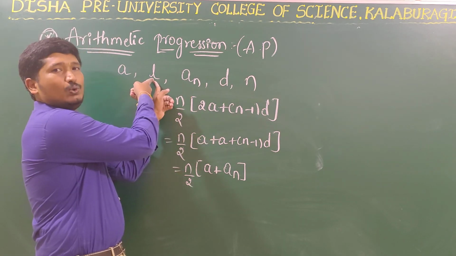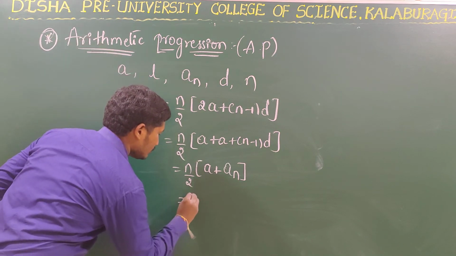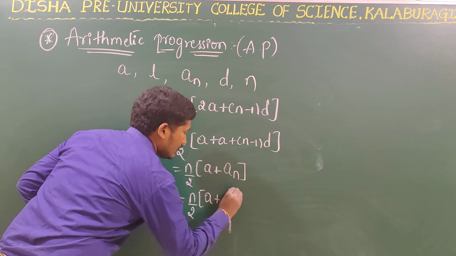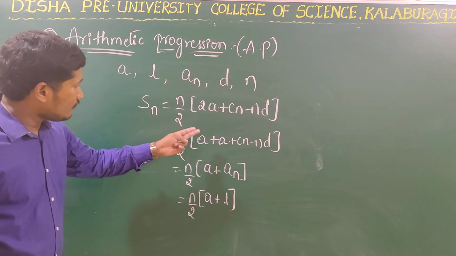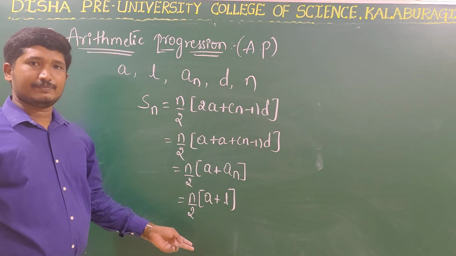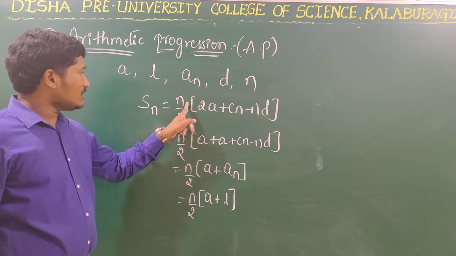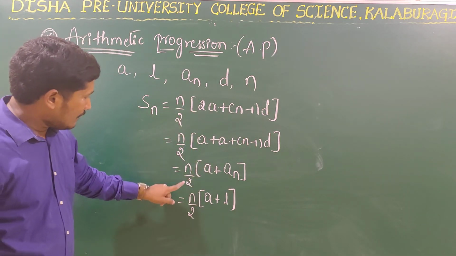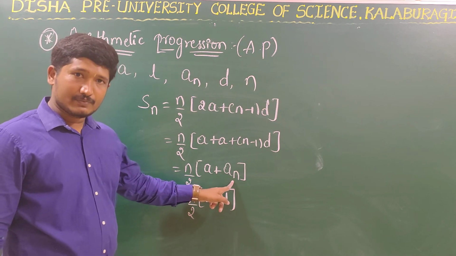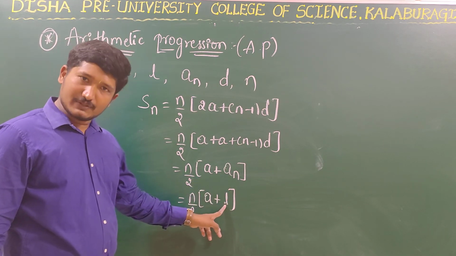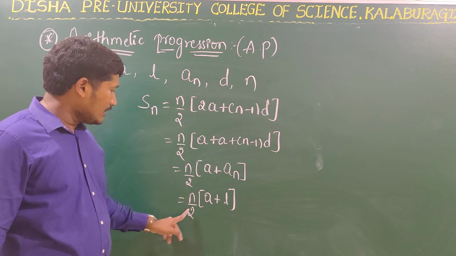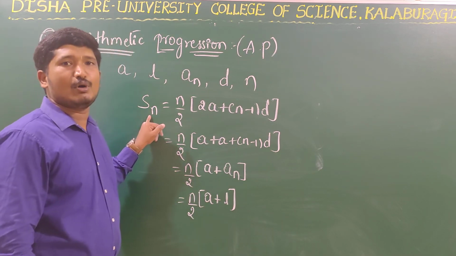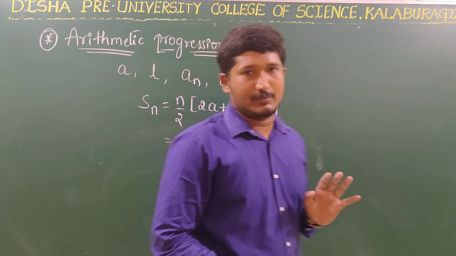That is equal to l. So this can also be written as n/2 (a + l). You can write the formula in these three ways: n/2 [2a + (n - 1)d], n/2 (a + an), and if the last term is given, n/2 (a + l). This is the sum of n terms of the arithmetic progression.